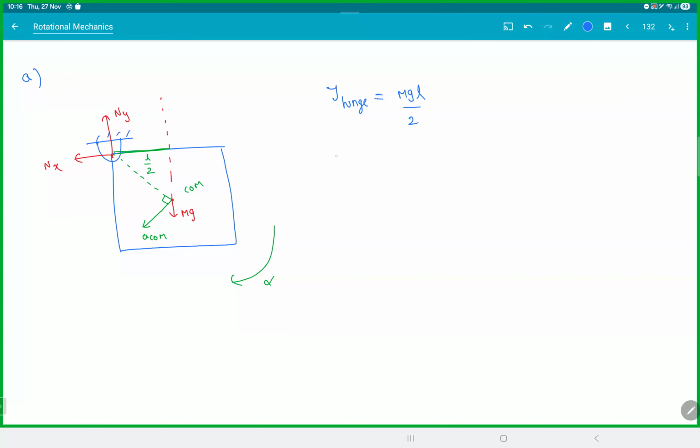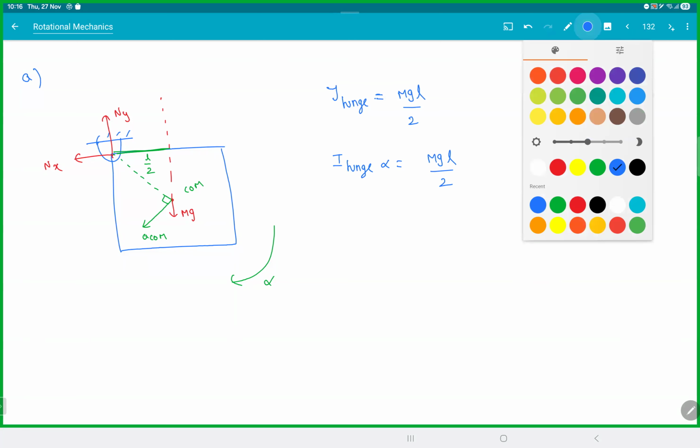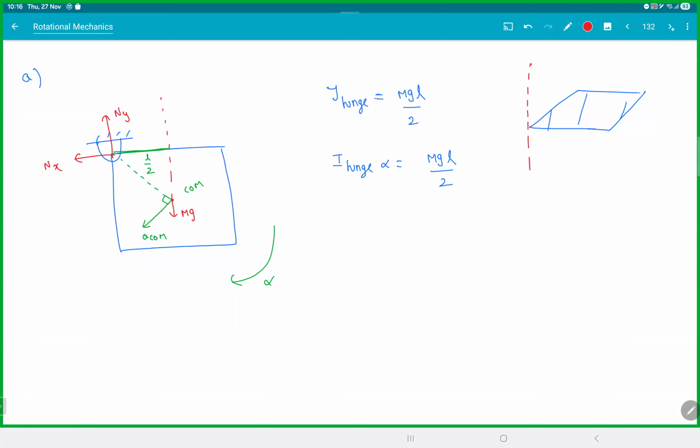But do you guys know I about the hinge for a square plate? What is I about the hinge for a square plate? We did this. So if you have a square plate, you want moment of inertia about this hinge. This is your center of mass. We have to use parallel axis theorem.